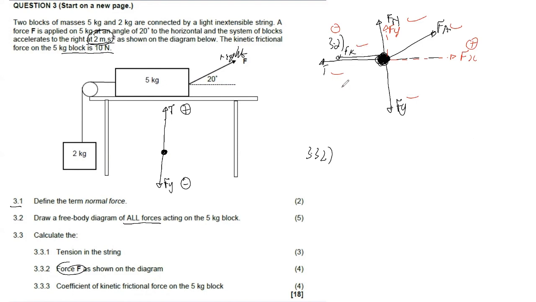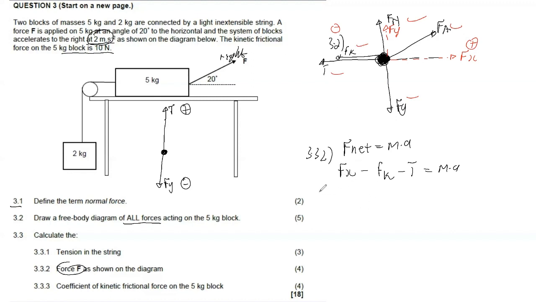Wherever you see the kinetic frictional force or any type of frictional force, just know that's your negative direction, because frictional force is always opposing the motion of an object. Then F net is equal to ma. So this is Fx minus Fk, and then minus tension is equal to ma. I'm subtracting both of these because they're in the negative direction.